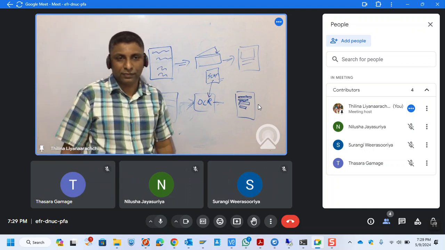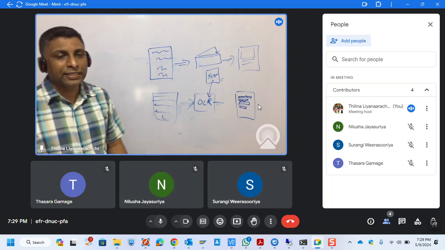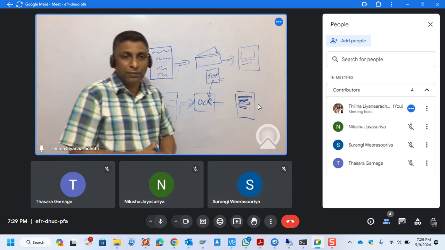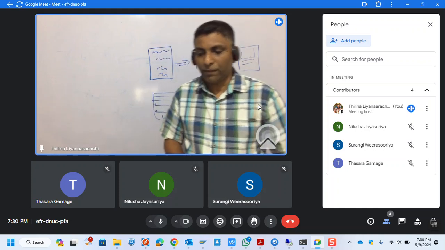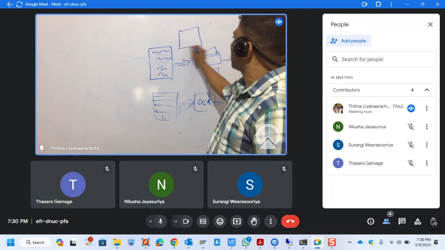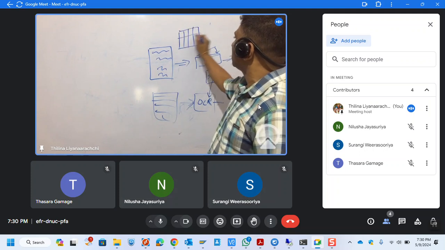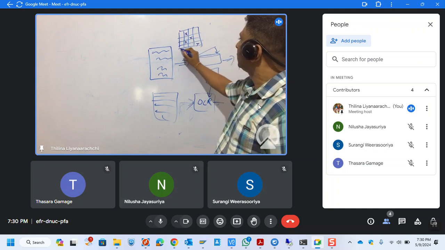OMR. That's a very popular device nowadays because they can easily mark your MCQ exam answer sheets using OMR, optical mark recognition. So on this type of answer sheet, you mark your answers like this.